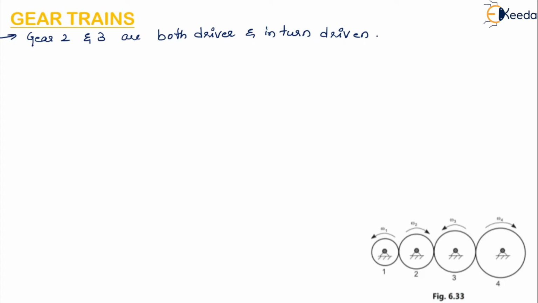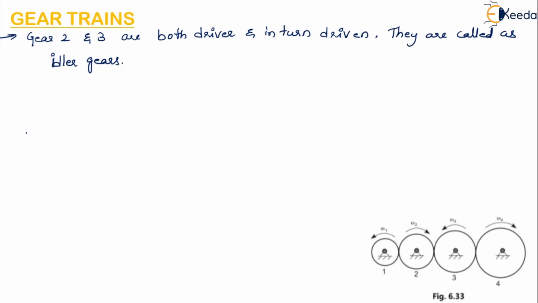So they are called idler gears, and these tooth numbers get cancelled.